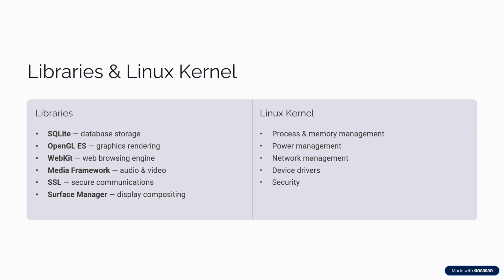It provides low-level services such as process management, memory management, power management, network management, device drivers, security, and hardware communication. The kernel acts as an interface between Android software and the physical hardware. Simple view of Android architecture: applications, application framework, Android runtime plus libraries, Linux kernel, and the hardware.